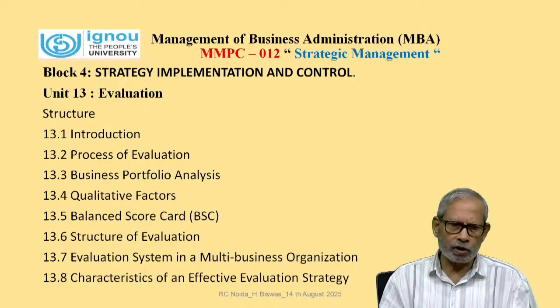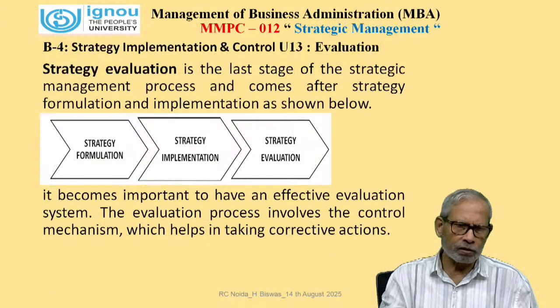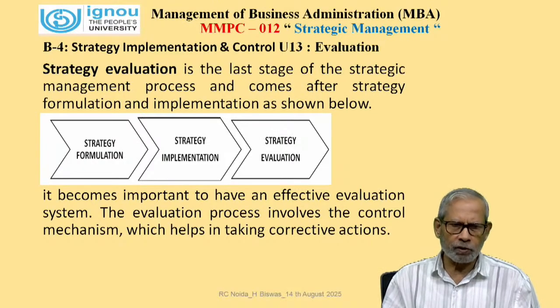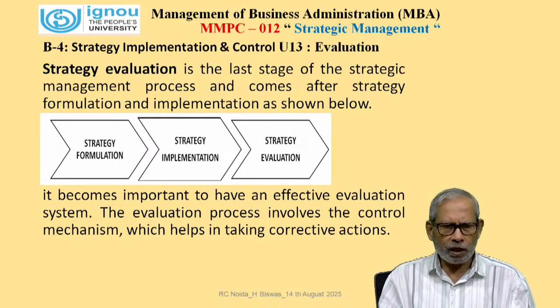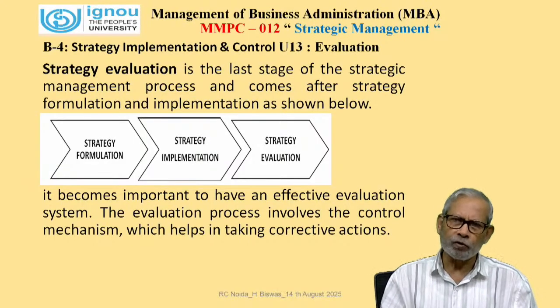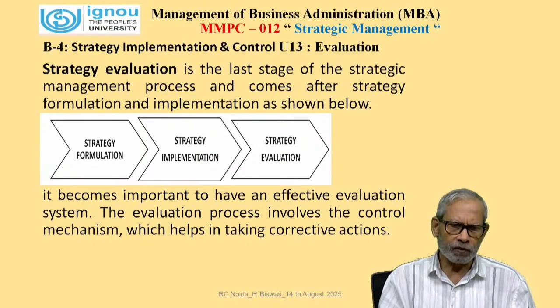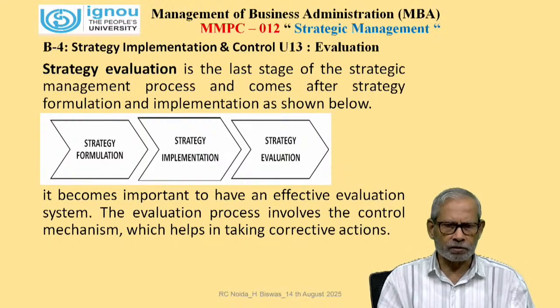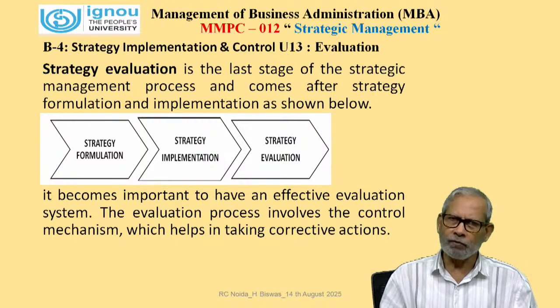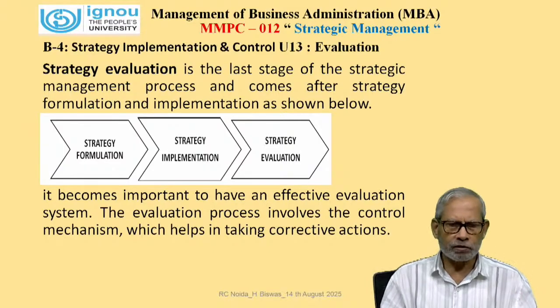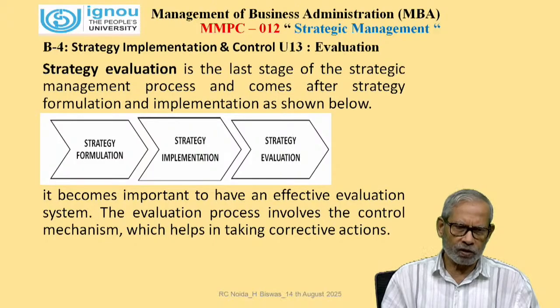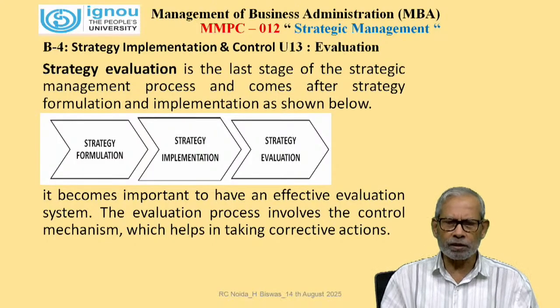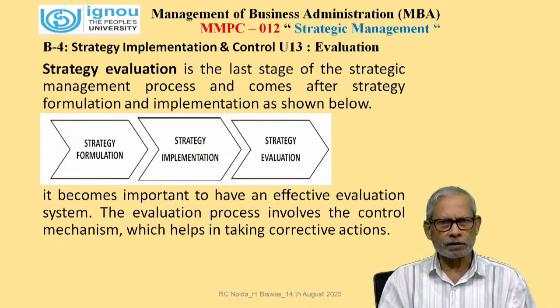Then you are coming to the evaluation part, where we see the strategic evaluation process. The first thing is strategy formulation, that is the main thing. Then after that strategy implementation, and finally the evaluation. So, first formulation, then implementation, and then your evaluation. The evaluation process involves the control mechanisms which help in taking the correct actions.